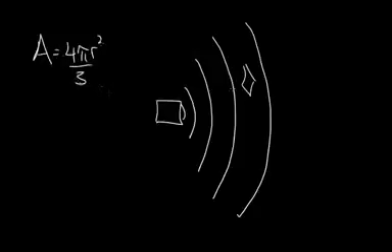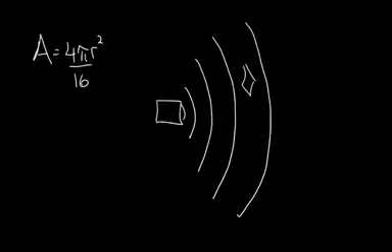But it doesn't even matter. Even though it might not be a perfect sphere, if it's going to be part of a sphere, it's still going to emanate along part of a sphere. This is still going to be in 3D. These are going to be 3D sound waves. And so even if the area isn't spread out over exactly 4 pi r squared, maybe this is only a third of a sphere, or maybe it's only an eighth of a sphere, or a 16th of a sphere, it doesn't actually matter.